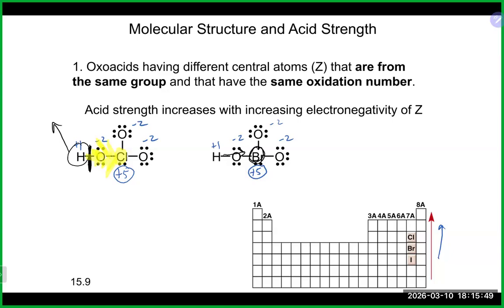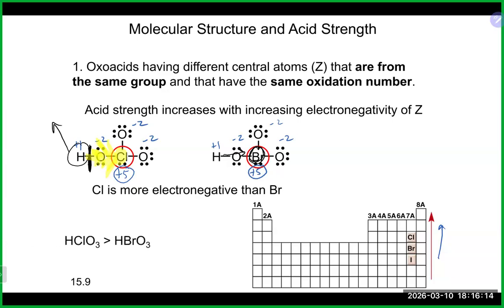So it's going to be a little bit harder for the bromine to release that hydrogen in comparison to the chlorine, because the chlorine is sucking those electrons in closer to itself, making the hydrogen more and more electron deficient and more positive, and it's going to pop off a lot easier. So in comparison of these two, because the chlorine is more electronegative, HClO3 would be a stronger acid than HBrO3.